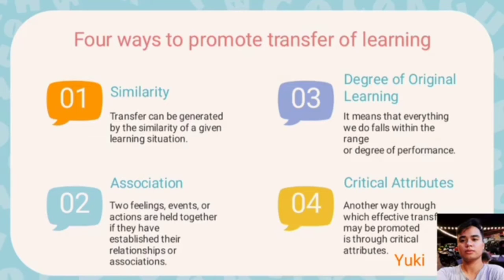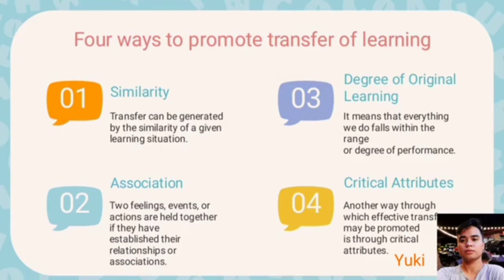Association. Two feelings, events, or actions are held together if they have established their relationship or association. If they have created their special power to form associations, they can create a special bond that makes them inseparable. Third, degree of learning. It means that everything we do falls within the range or degree of performance.